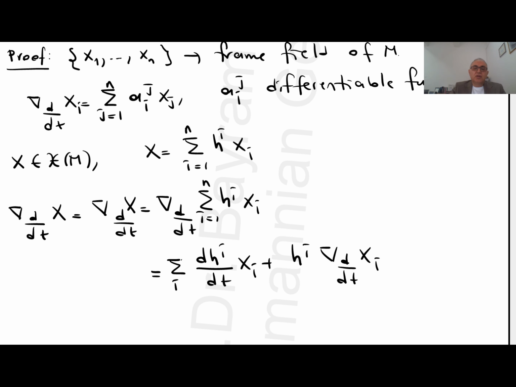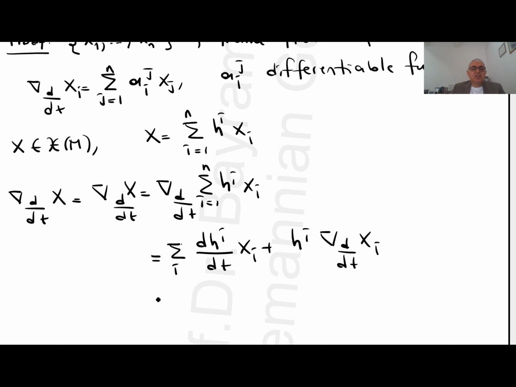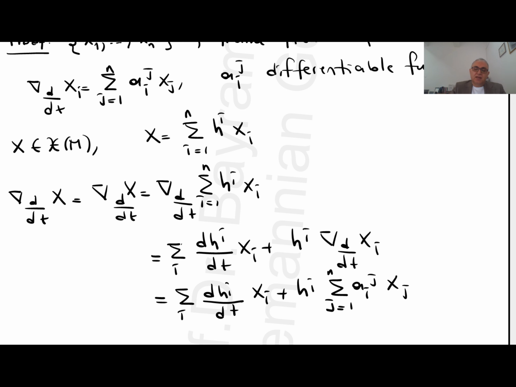Now if you use the above representation, then you have the sum over j from 1 to n of a_ij x_j.